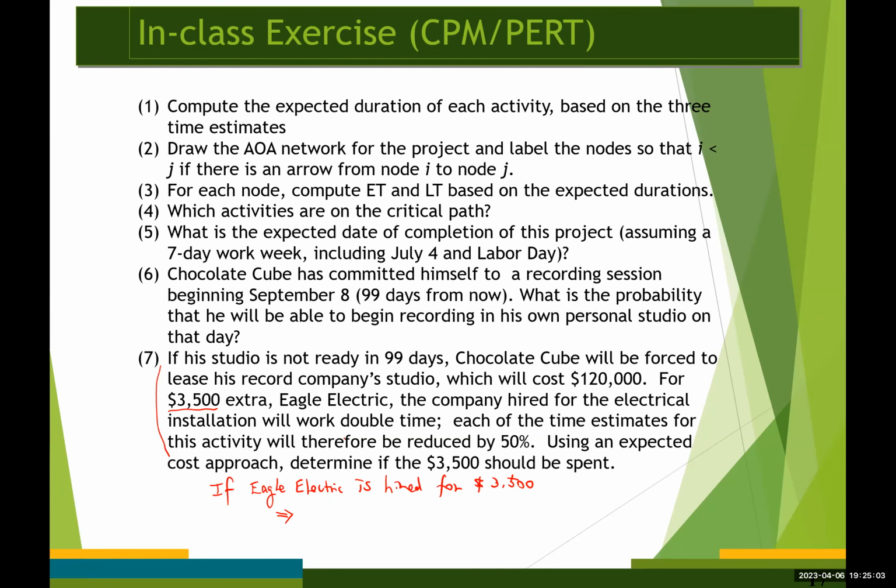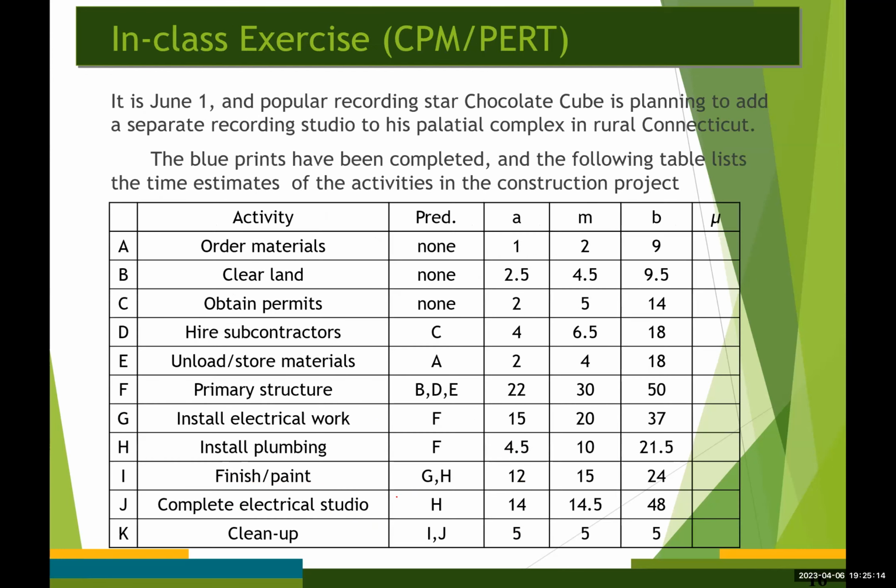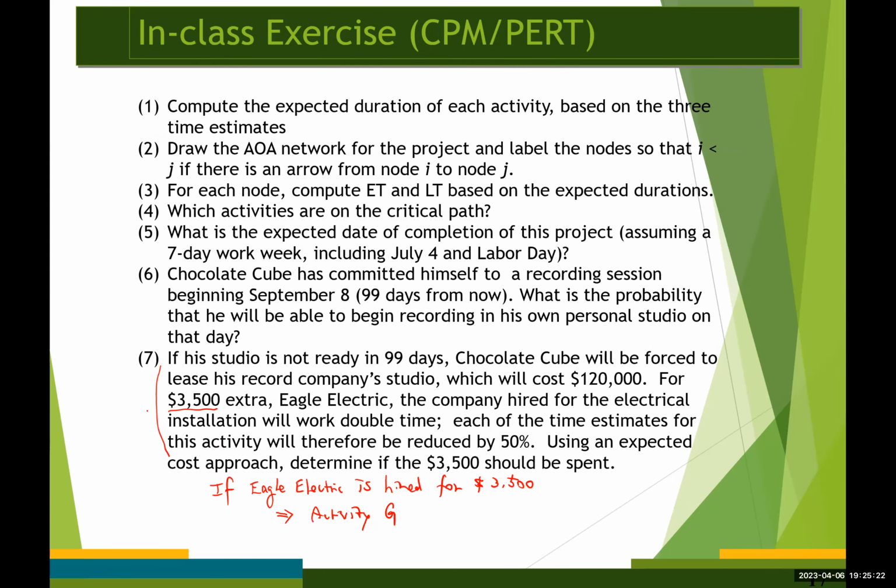So is that going to be activity G, right? Let me double check. Yeah, it's activity G, installing electrical work. The duration for activity G will be reduced by 50%.